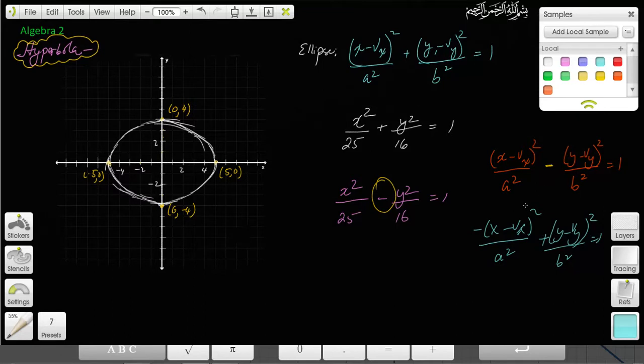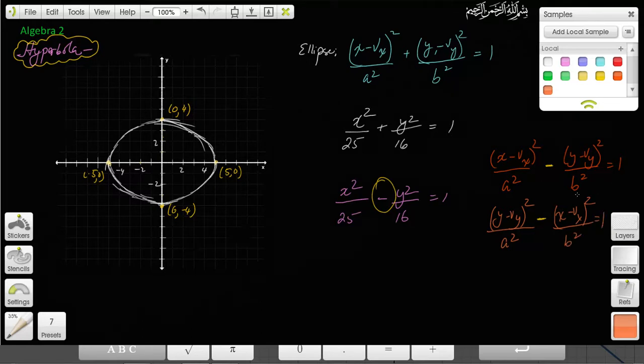You can do it that way, but typically what's done is that you keep the minus sign in the middle and switch the tops. So the second version of this equation would be (y minus Vy) squared over a squared, just keep the a there, minus (x minus Vx) squared over b squared is equal to 1.